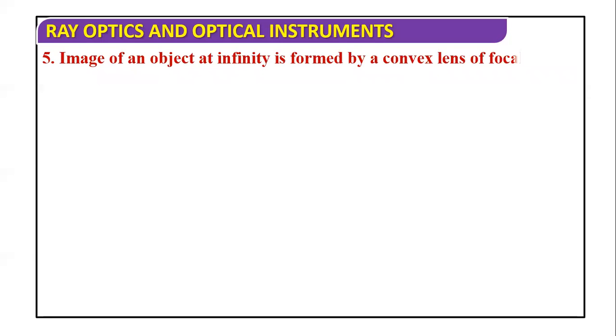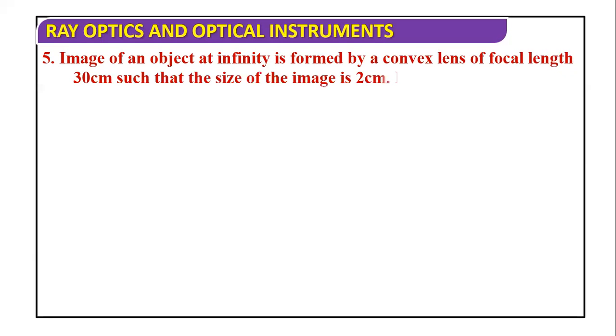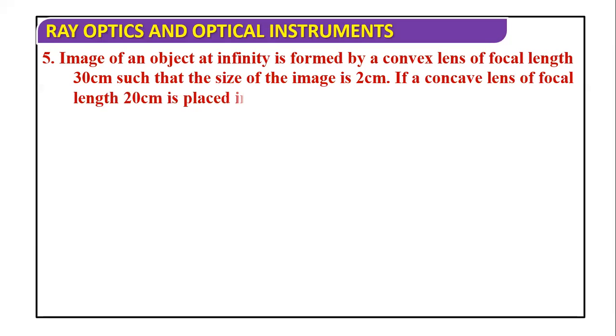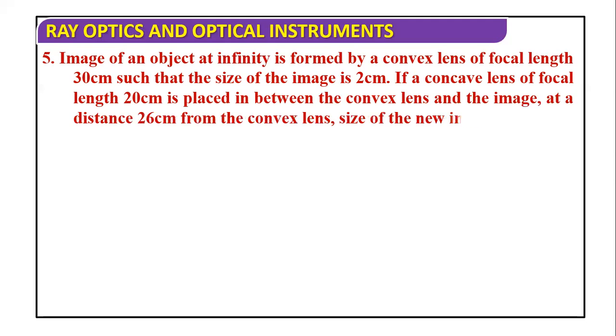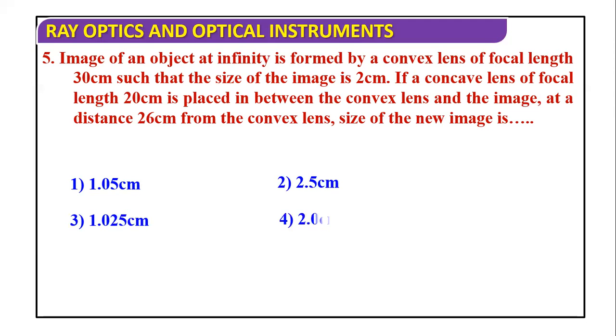Next question. Image of an object at infinity is formed by a convex lens of focal length 30 centimeter such that the size of the image is 2 centimeter. If a concave lens of focal length 20 centimeter is placed in between the convex lens and the image at a distance of 26 centimeter from the convex lens, what is the size of the new image?